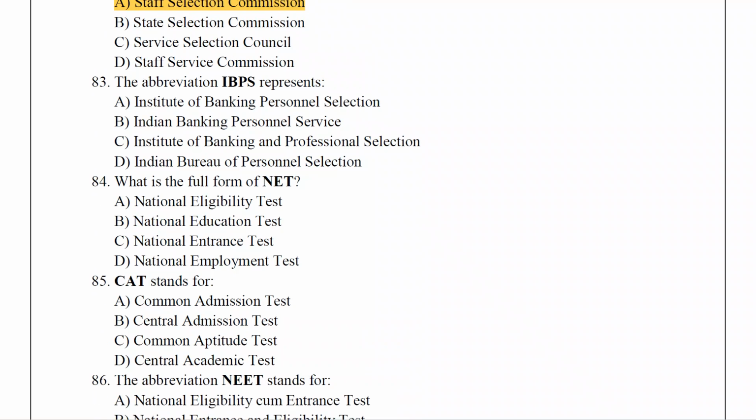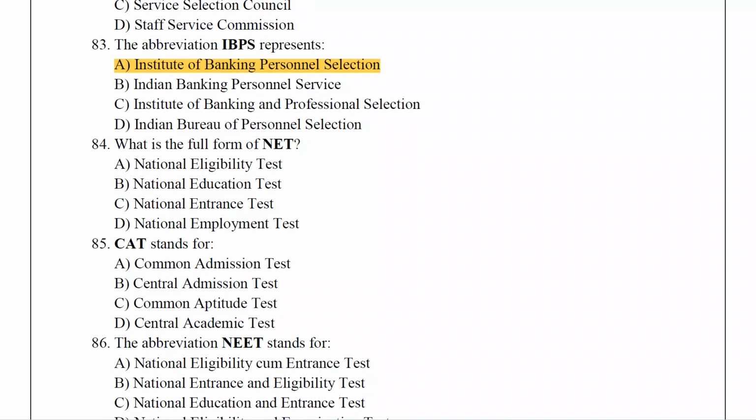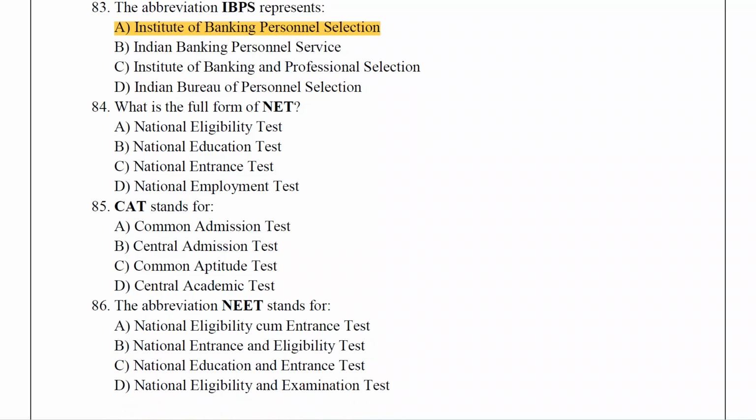The abbreviation IBPS represents Institute of Banking Personnel Selection. What is the full form of NET? National Eligibility Test.